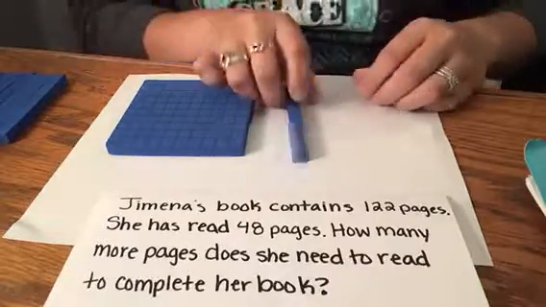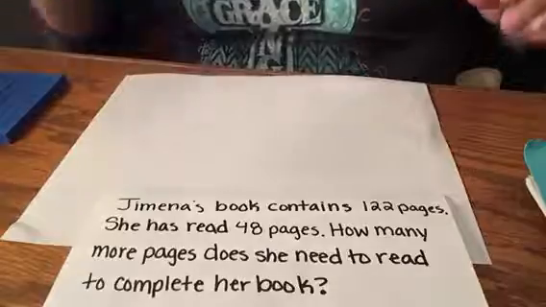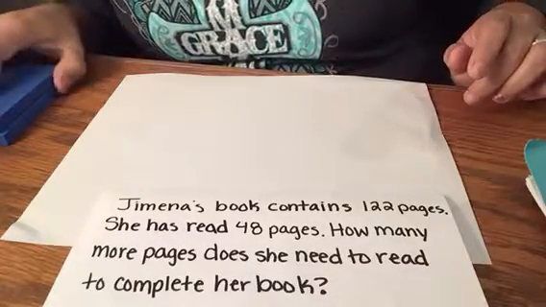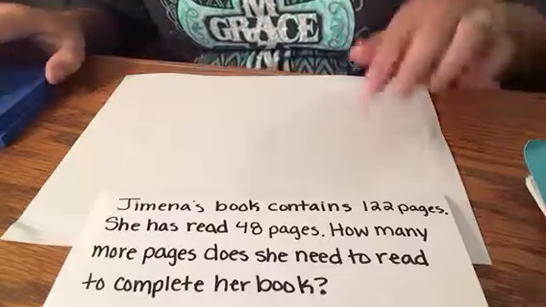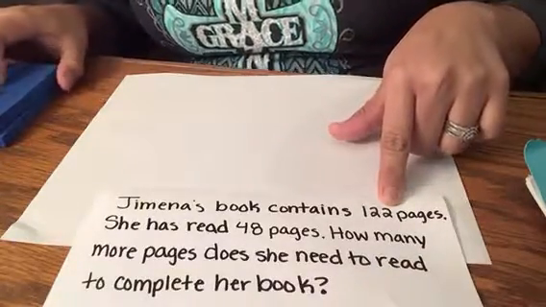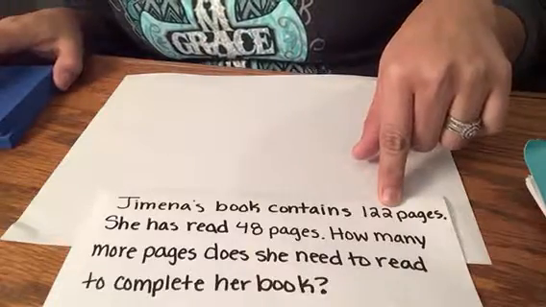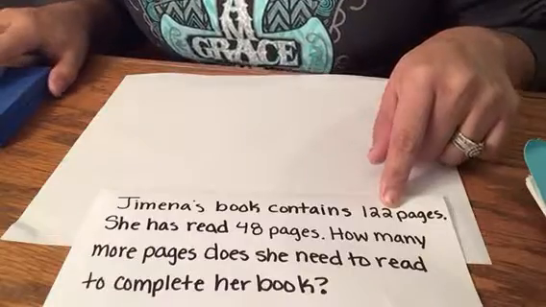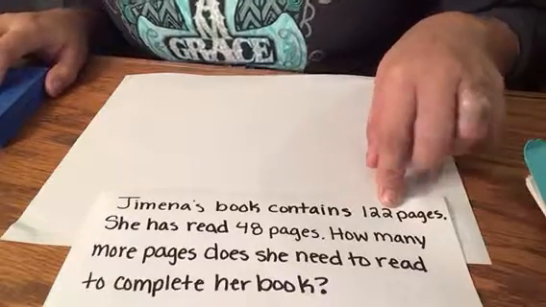We will now use the total number of pages from our problem. This is going to be the minuend. The minuend is the number from which another number is to be subtracted.